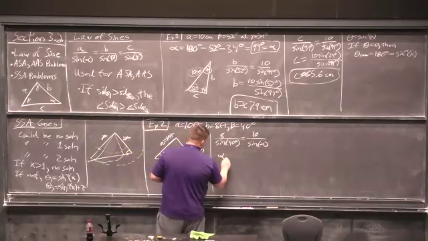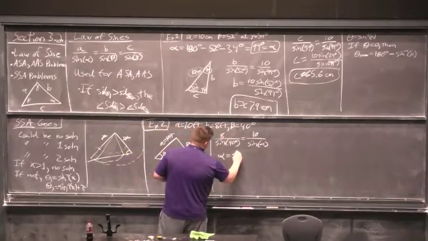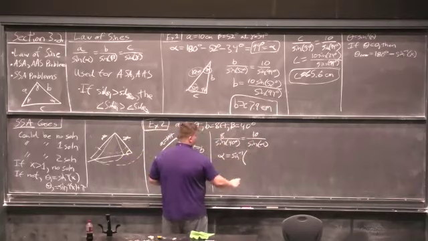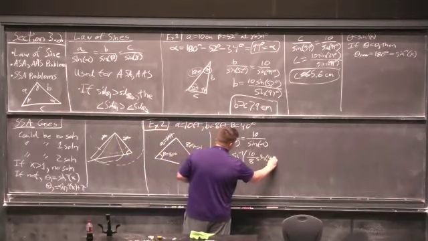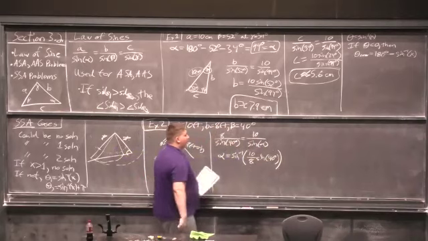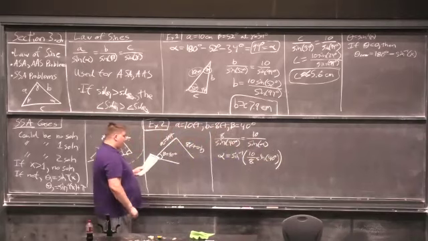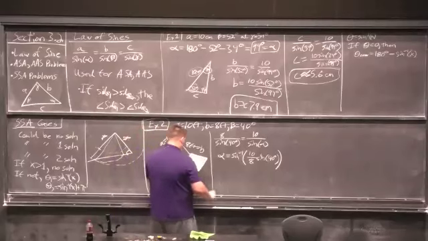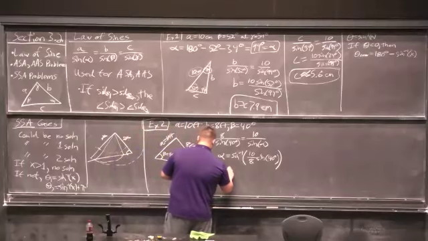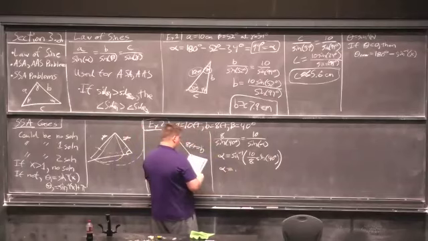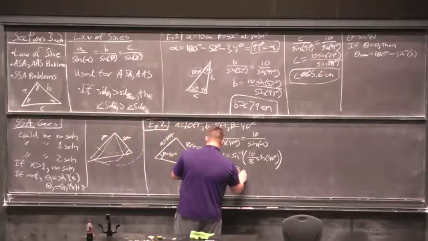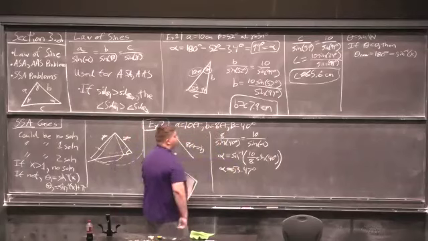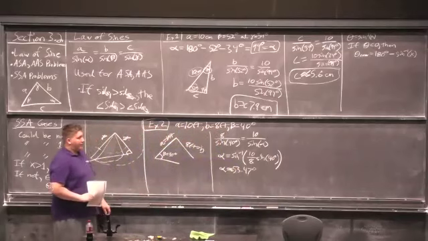So we're going to have alpha is equal to sine inverse of 10 divided by 8 times sine of 40 degrees. Now, when I evaluate this, I'm going to get alpha to equal 53.47 degrees.